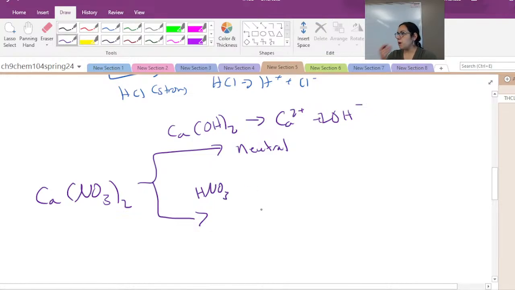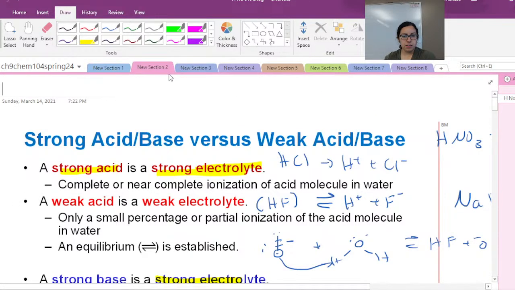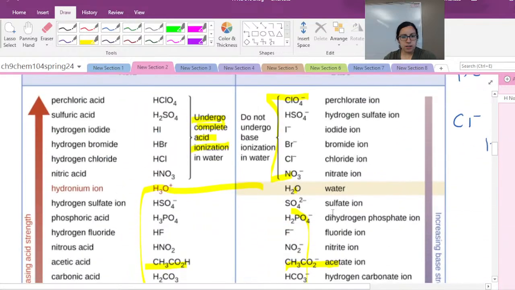And then what do you remember about nitric acid? Was that a strong acid, weak acid? If we forget, we can always go back to this chart down here. This is why I like this chart, because it's reminding us, oh, nitric acid, complete acid ionization.